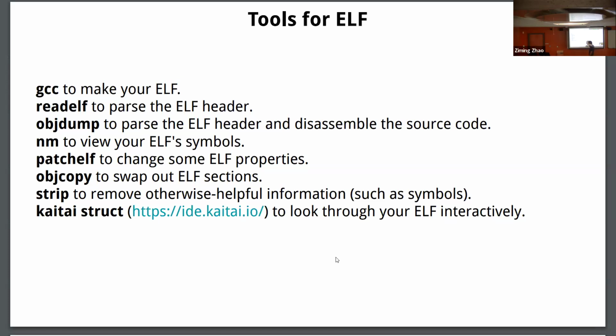We can also patch ELF files to change some part of them. objcopy, we're going to use this to copy part of the sections. When we develop shellcode, we're going to use this tool a little bit. strip removes other symbols. Obviously, there are also APIs to do this, and also a lot of tools with GUI. But in this class, I want you to use those simple tools.